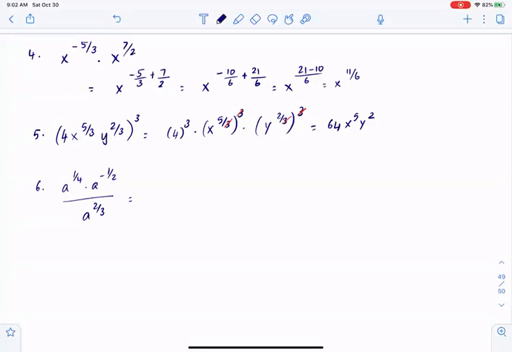So I'm going to take care of the numerator first in this problem. The bases are identical, so I'm going to add the powers. So 1/4 minus 1/2, that's an easy one to do, but I'll demonstrate finding the common denominator regardless.